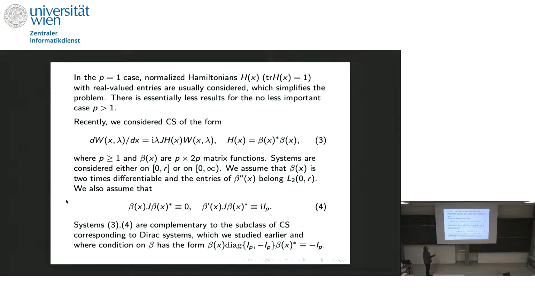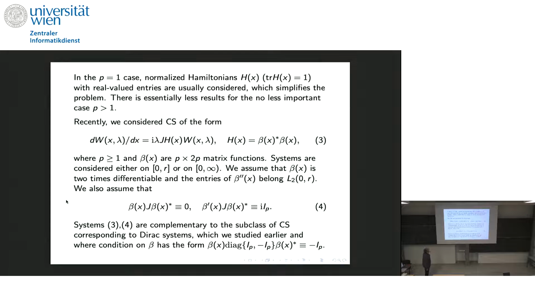And what I will talk about is a canonical system with p more or equal 1, and a Hamiltonian of the form beta of x times beta of x adjoint, where beta of x are 2 times differentiable p by 2p matrix functions, and the equality 4 holds.